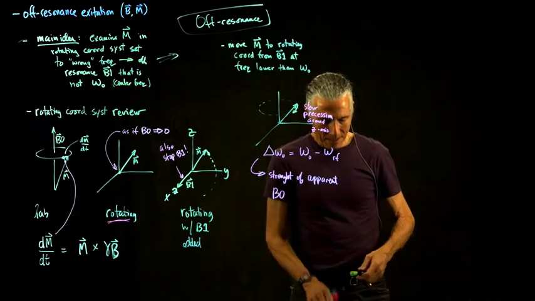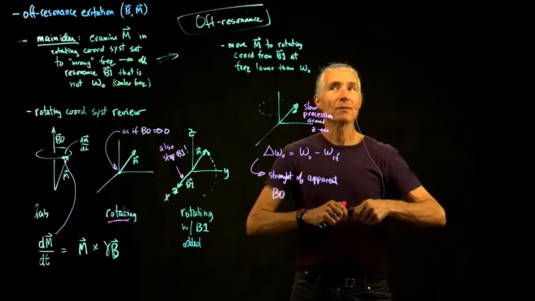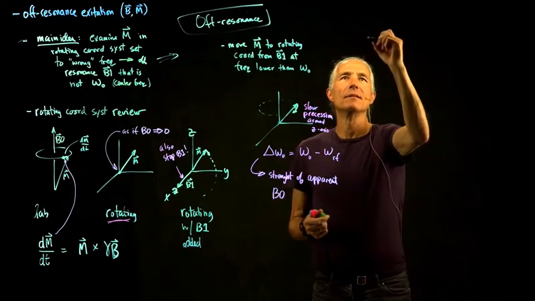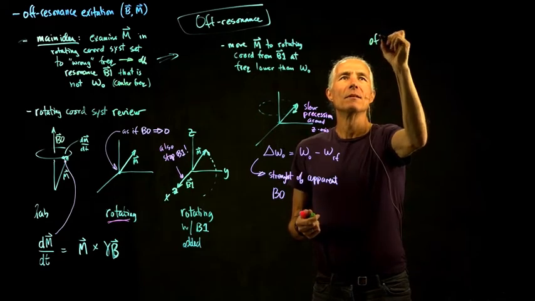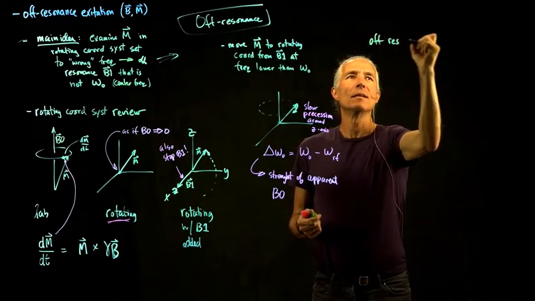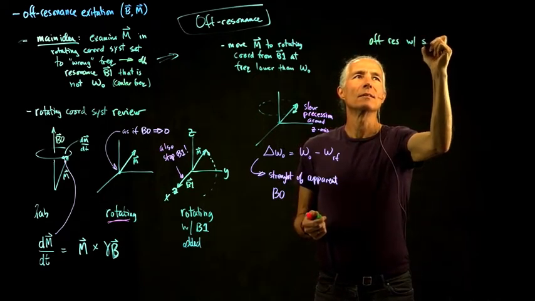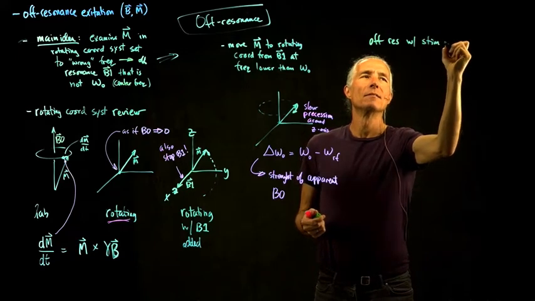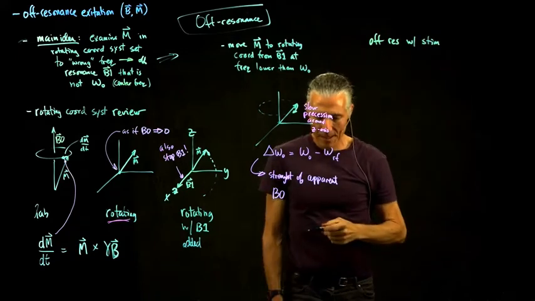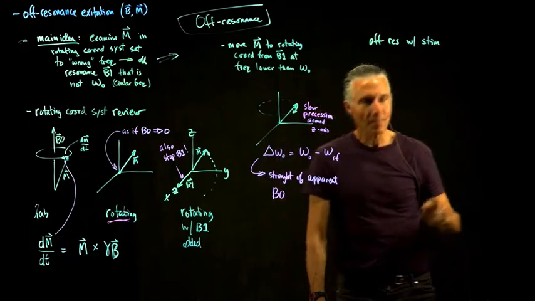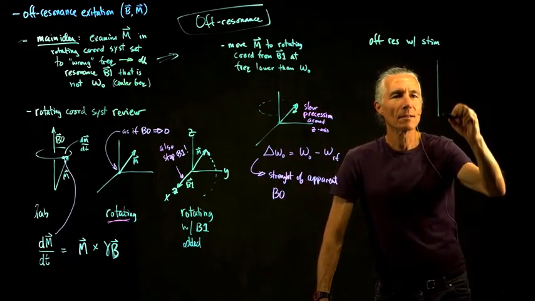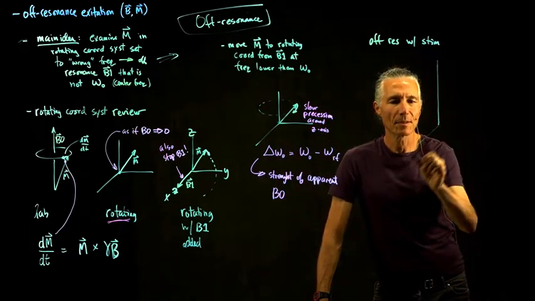So let's just draw a situation, sort of an off resonance, off res with stimulation from B1. If we draw our coordinate system here, I'll draw this big because there's a bunch of junk in it.